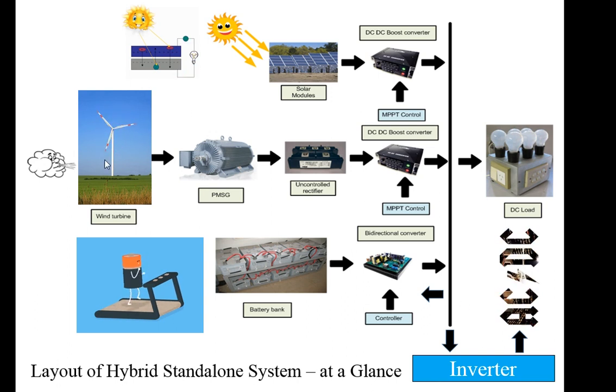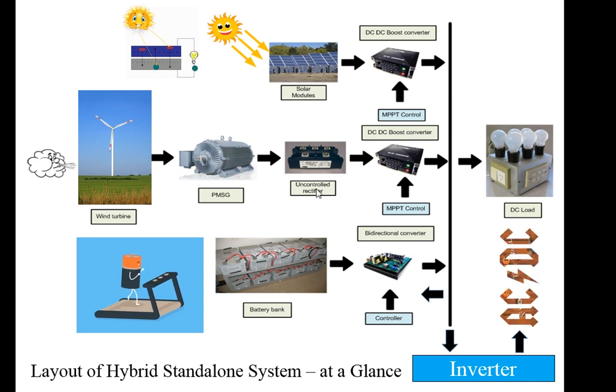Similarly, we have the wind turbine. Obviously, we have variable wind throughout the day, so the frequency and speed of the generator will definitely vary. So for a small system we are using an uncontrolled rectifier. If it is a large-size grid connected system, we will go with a controlled rectifier at this junction.